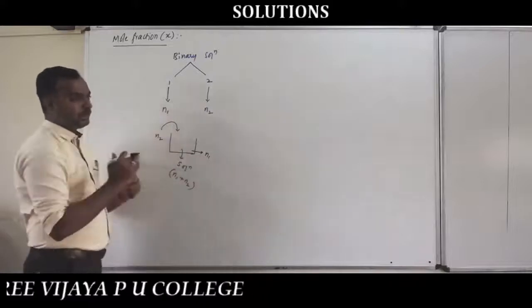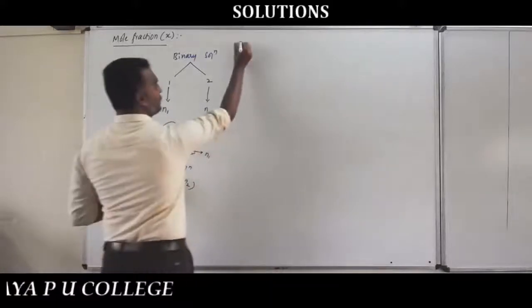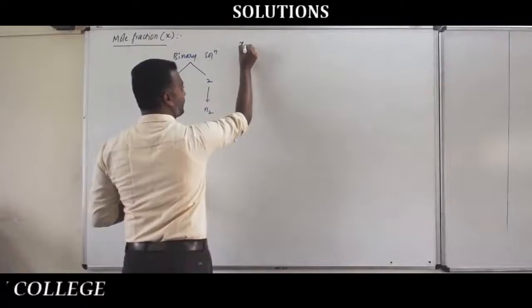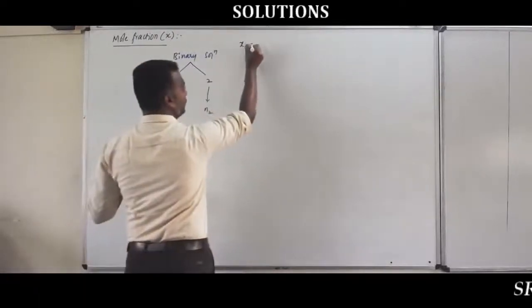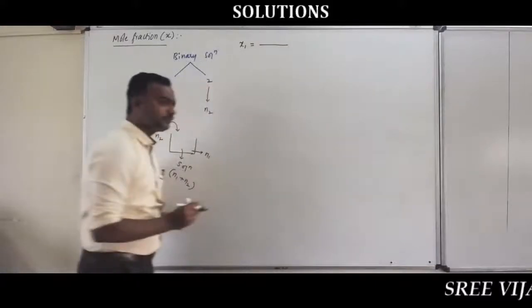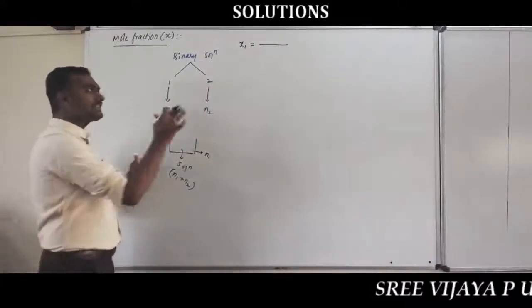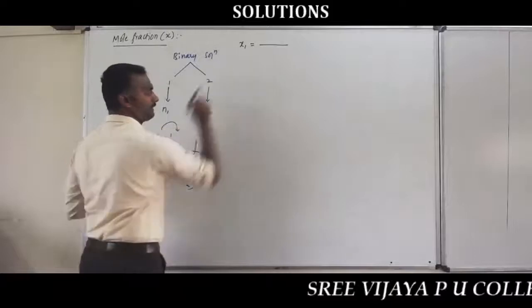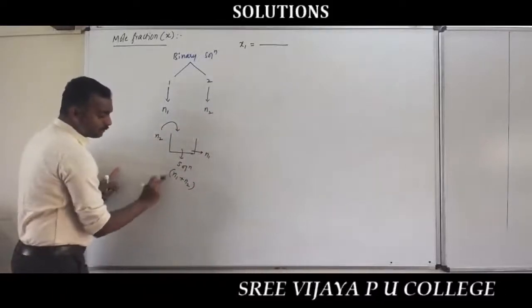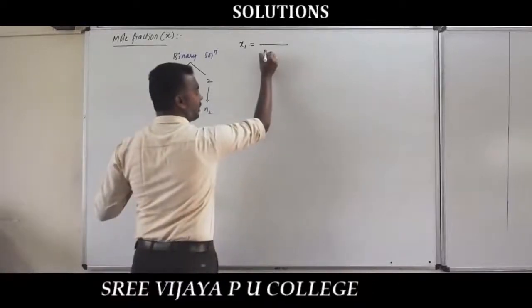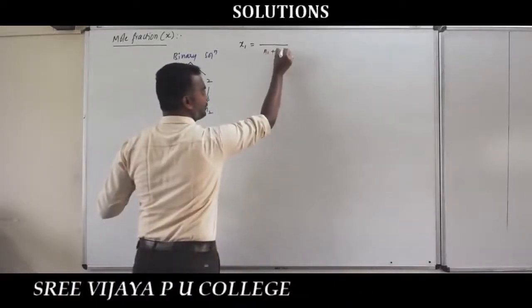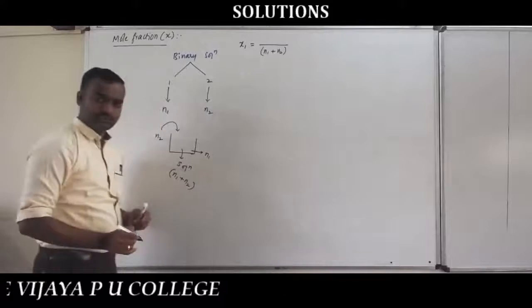So now what should I do? I want to define the mole fraction of component 1, taken as x1. How do we define x1? Fraction means divide. The denominator is N1 plus N2, the total number of moles of solution.